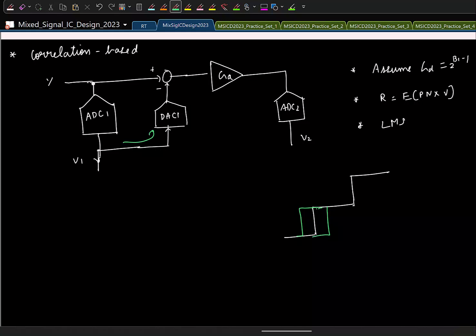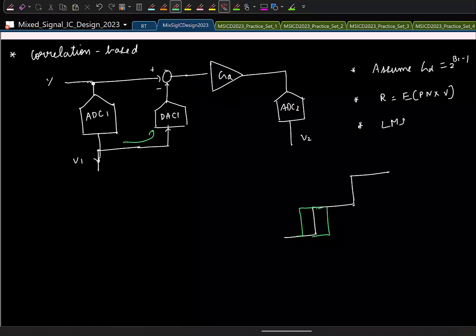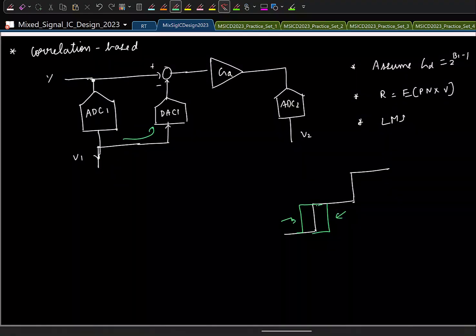Now remember that this is fine because I have a redundancy in the gain here. I am not using the maximum value of gain here, which means even if I make an error in the comparator threshold, as long as it is within the tolerable range of plus or minus delta by 2, I will be fine. So I can basically change the comparator threshold here based on the PN sequence. If it is 0, I will choose some reference level for the comparator.